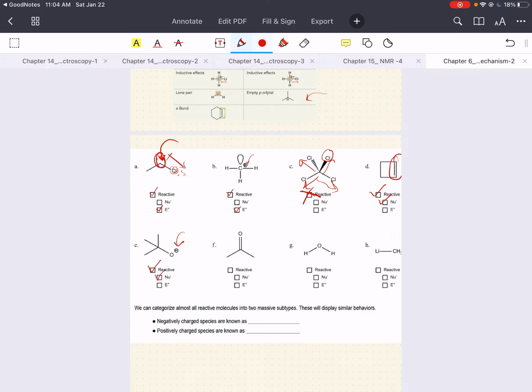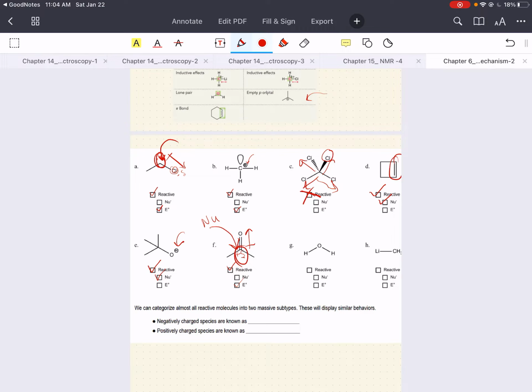F is one that you're going to commonly see, this carbonyl bond. There are inductive effects right here, leaving the carbon with a partial positive, and this partial positive is going to be very prone to getting attacked by a nucleophile. This is reactive. That carbon site serves as an electrophilic center.